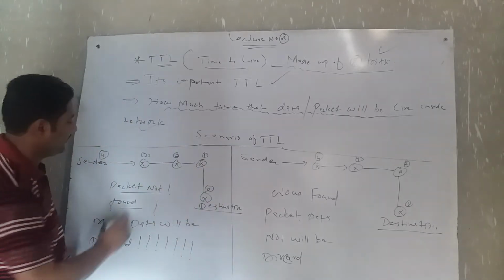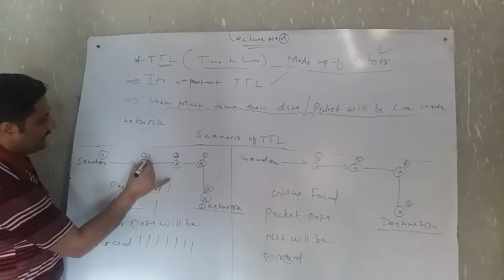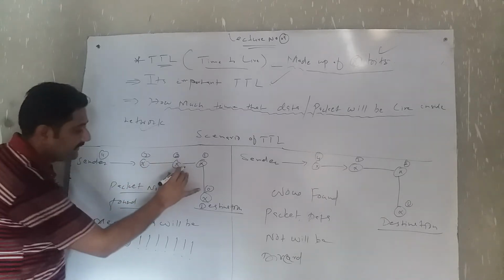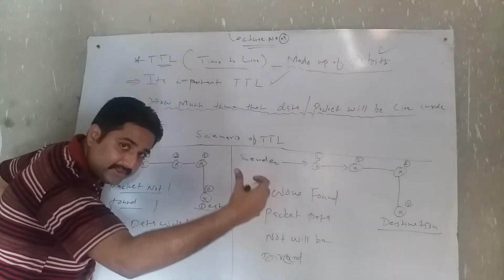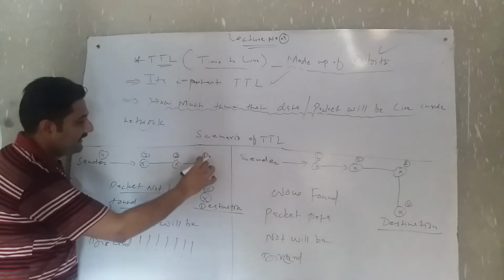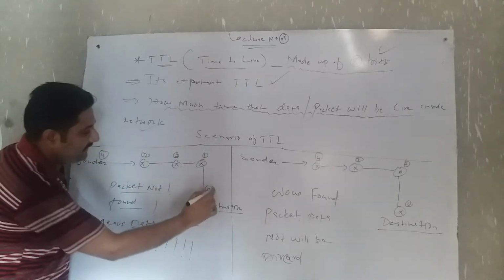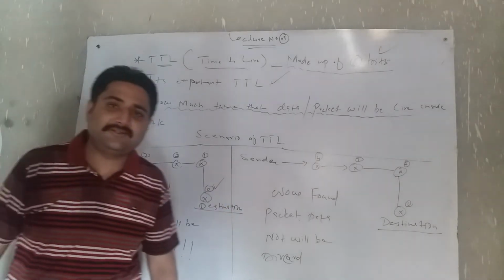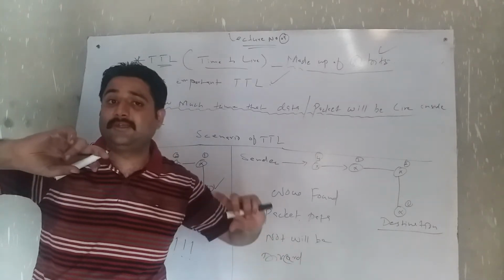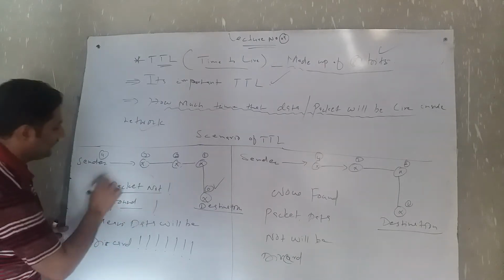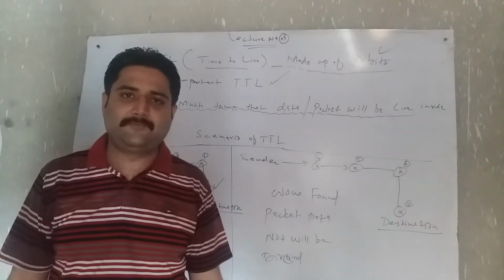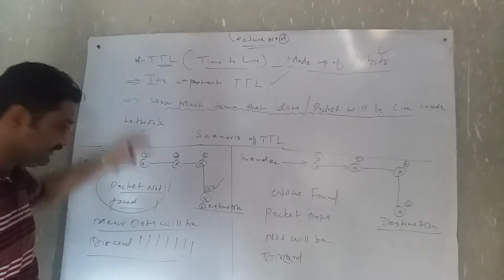Number 3 checks the data and jumps to the next router, the data is sent to the next router, and again router number 2 checks it and sends it on to router 1. If the data is found at the destination side on the network, and the value is 0, meaning the packet is not found, the data will be discarded in this scenario.